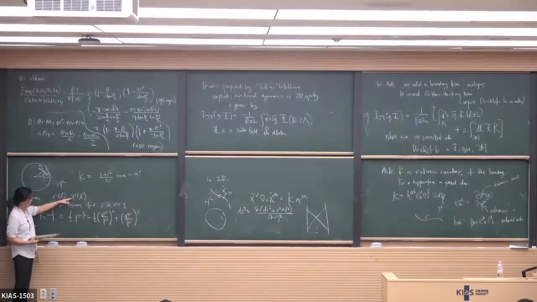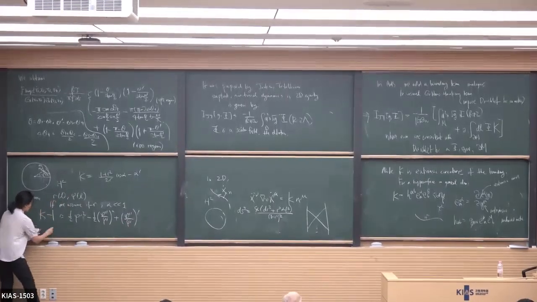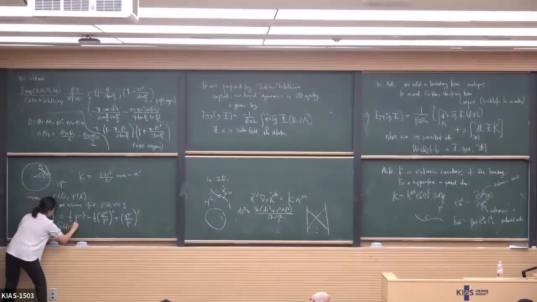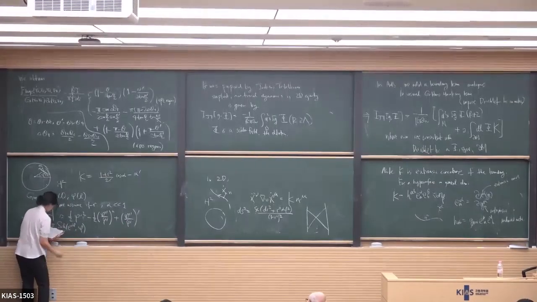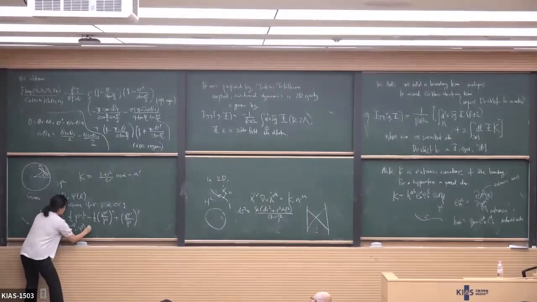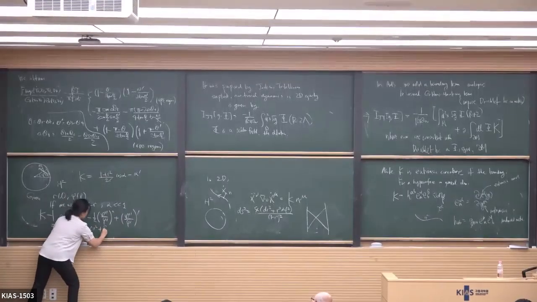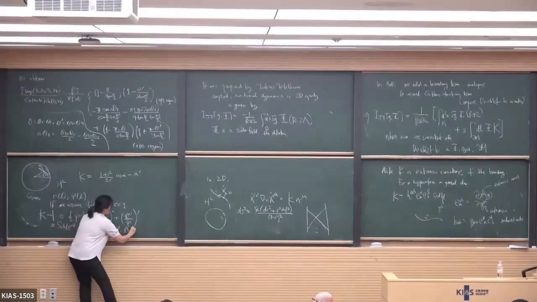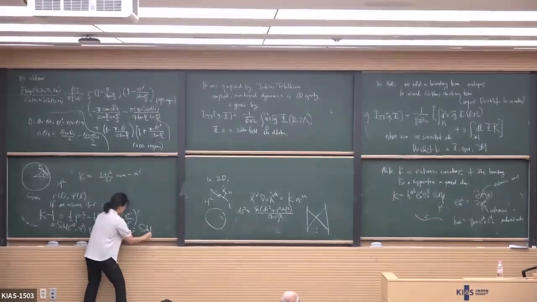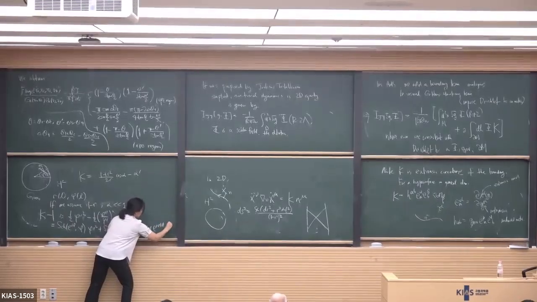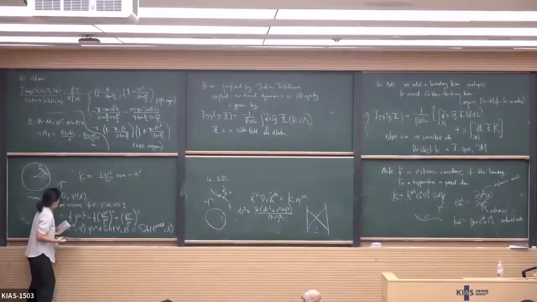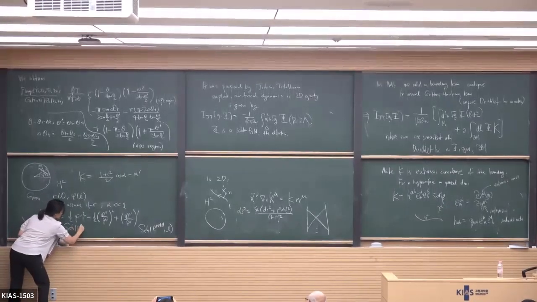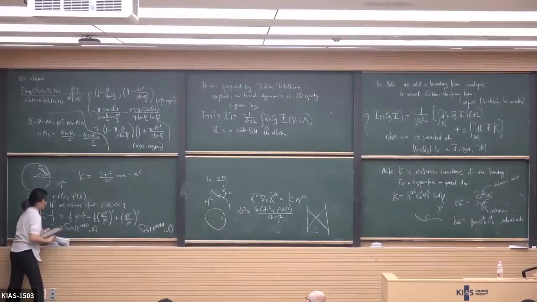Phi is a function of L. And this is actually equal to the Schwarzian of e to the I phi plus Schwarzian of phi with respect to L, which is equal to the Schwarzian of e to the I phi of L with respect to L.